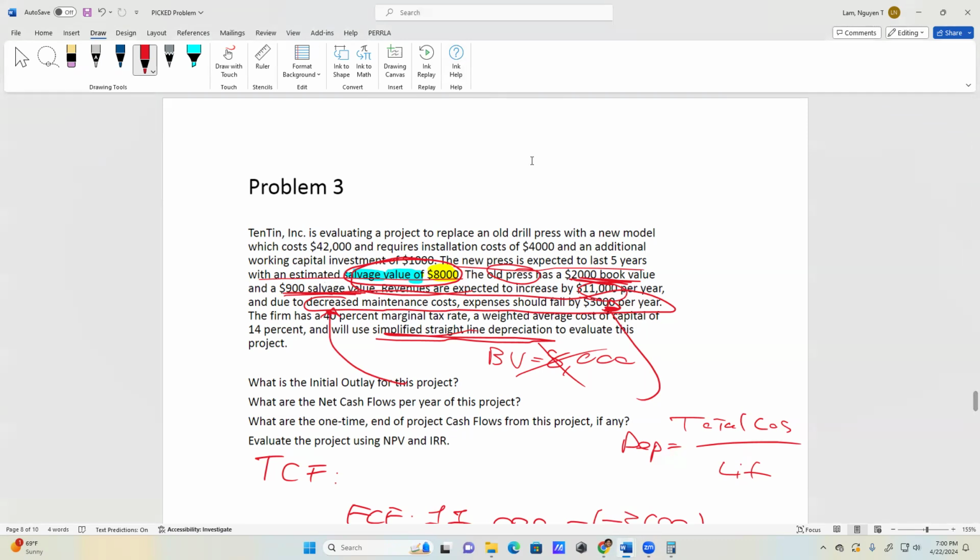Will you tell us through GroupMe? Yes, and it would be great if you could spread the word after I figure that out. Remember, after you find all the pieces, like initial outlay, free cash flow, and terminal cash flow, you should be able to find NPV, IRR, PI, PB, EAA. I will get back to you guys.